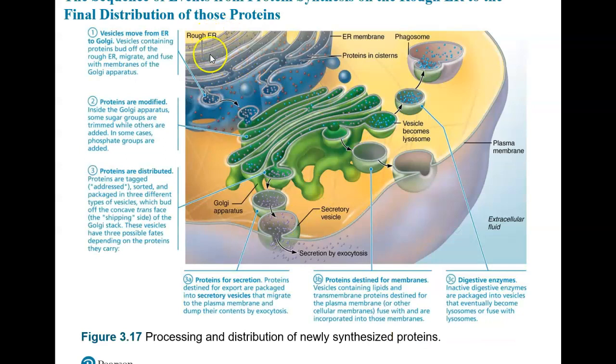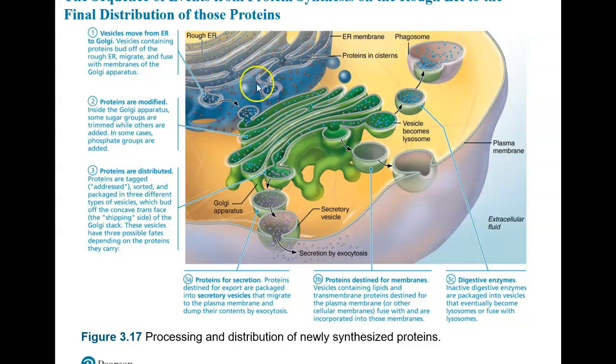Because remember that the proteins are made here at the rough ER, because this is the endoplasmic reticulum that has the ribosomes. So proteins are synthesized in the ribosomes. Once they're synthesized, they're going to be packaged into vesicles. So these vesicles are then going to find their way from one side of the rough ER to the other.